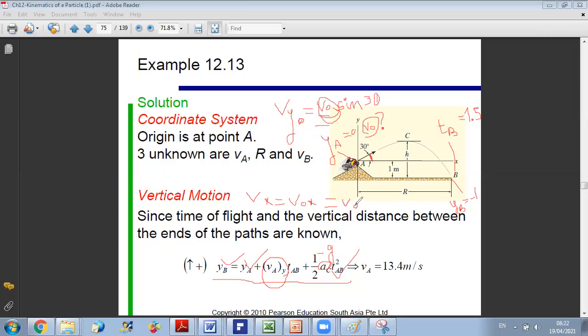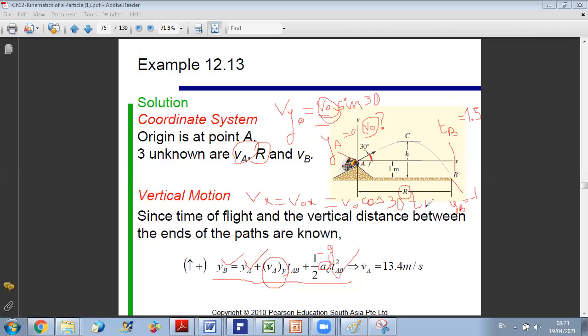So now, we have three unknowns here. We have first the velocity at A, which we got, it's V0. We have the range, and also I want the velocity at B. For the range, Vx equals V0x equals V0 cosine 30, and the time needed to reach B is given.